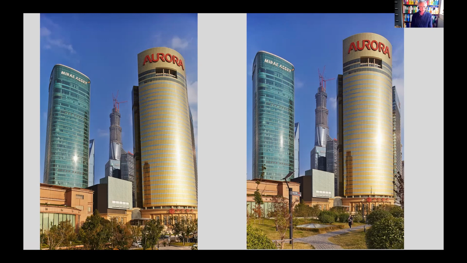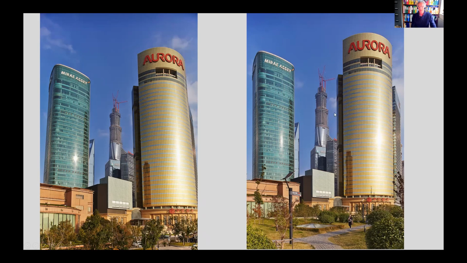I could have tried to correct that leaning in Photoshop, but then, if you look at the right-hand side of the picture here, I would have lost the right-hand edge of this golden building, and that would not have worked at all well, so I didn't bother trying. Instead, I backed off 40 or 50 yards away from the buildings, and then I was far enough away for the shift mechanism on the lens to actually work.